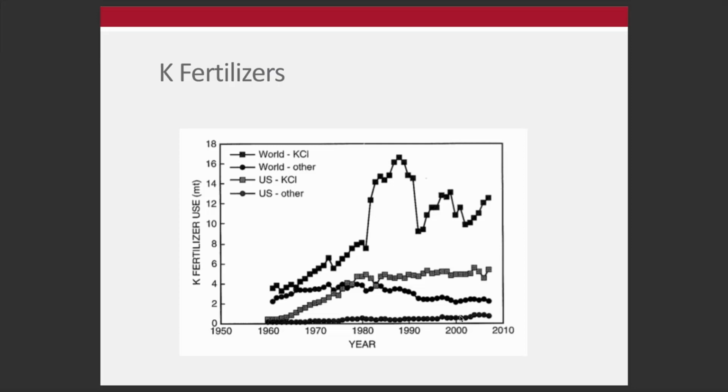So we can see that the vast majority of potassium fertilizer or potash is actually potassium chloride. It's KCl. That's really what most everyone uses. Certainly not the only thing, but it's by far the most common fertilizer.